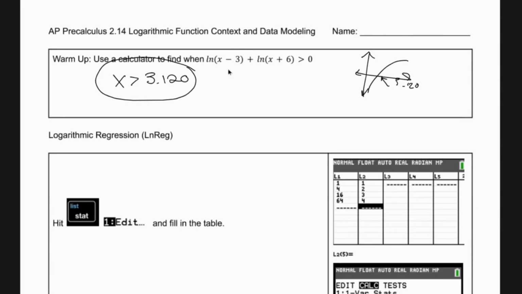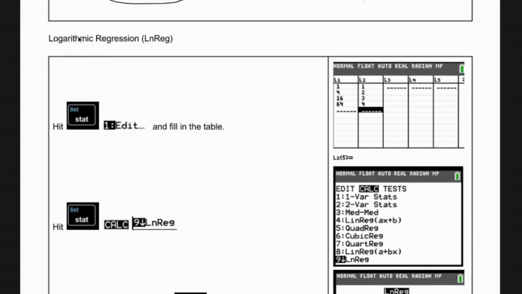It makes life easier. Now, the basis behind what we're doing is very similar to what we've done before. We've done linear, quadratic, cubic, and exponential regression. Now we are doing what's called logarithmic regression, which follows a lot of the same rules. So if I give you numbers in an XY format, you're going to hit stat, edit, type those numbers in.